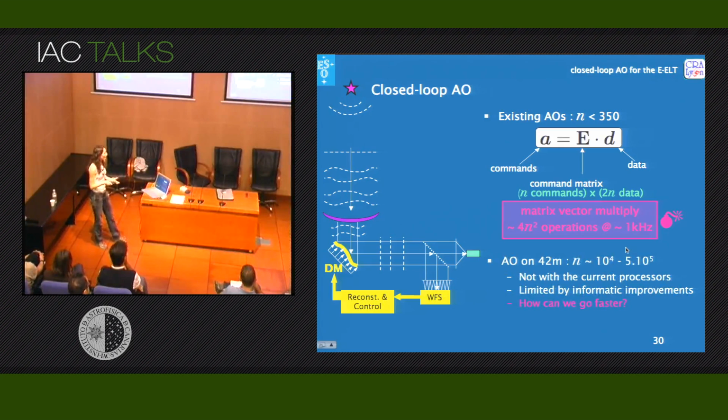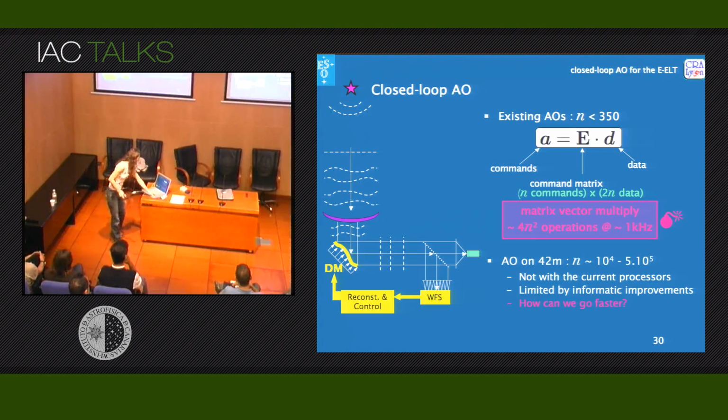During the European ELT design study, we have been working in collaboration with ISC and ESO to develop new algorithms for the reconstruction and the control, and comparing them to get a faster algorithm than the classical one.